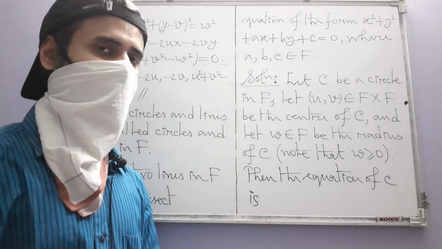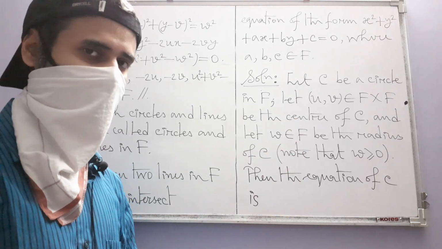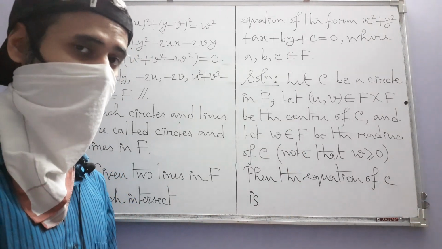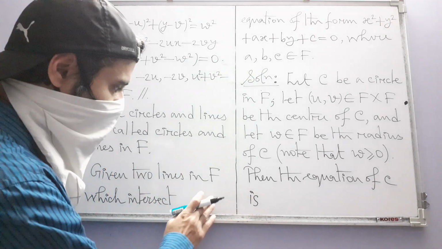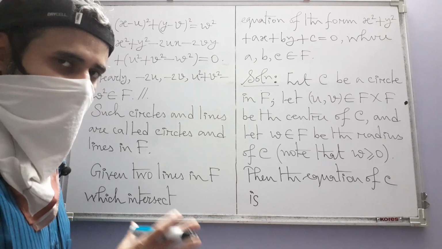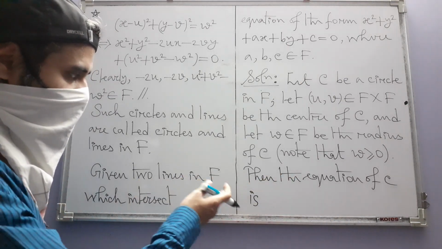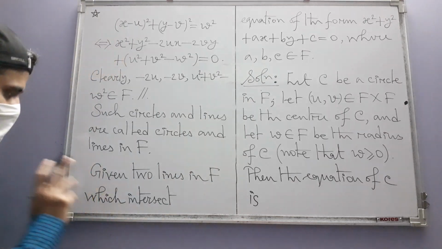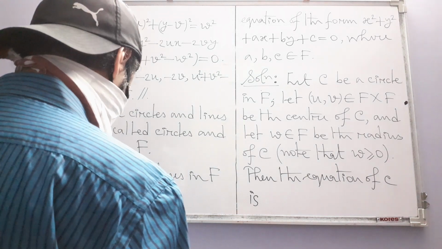Or say two circles intersect, or a circle and a line intersect. So such points, by our definition of constructible objects, are constructible points. So next it becomes natural to see what happens to those points if our circles and lines are in F. So this is the thing, given two lines in F which intersect in the real plane.